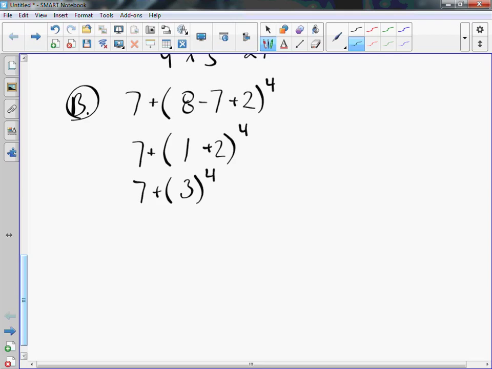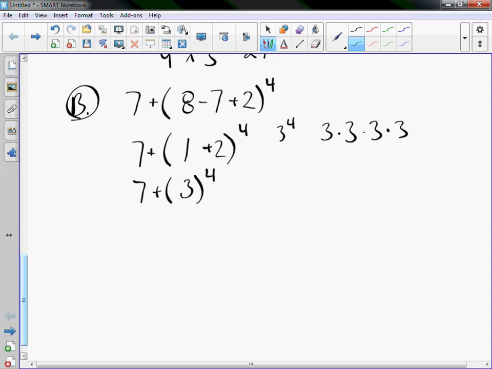So now I can evaluate exponents, because the E after the P in PEMDAS stands for evaluating exponents. So now I need to know what 3 to the 4th is. Well, if I can't figure that out, I can say, what's 3 times 3 times 3 times 3? Because that's the exact same as 3 to the 4th.